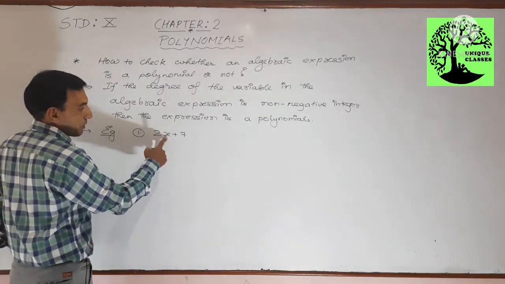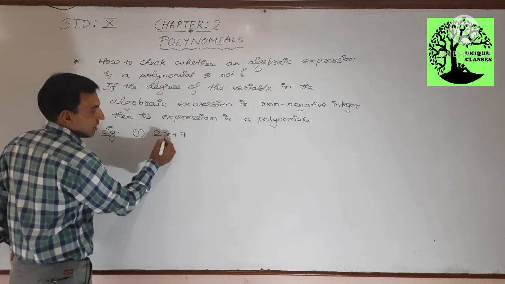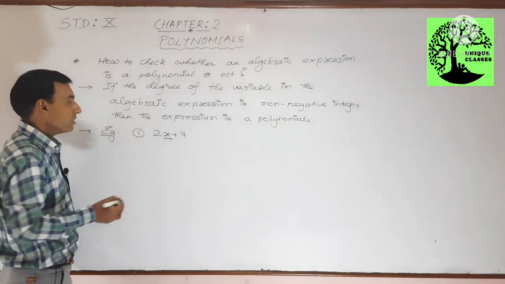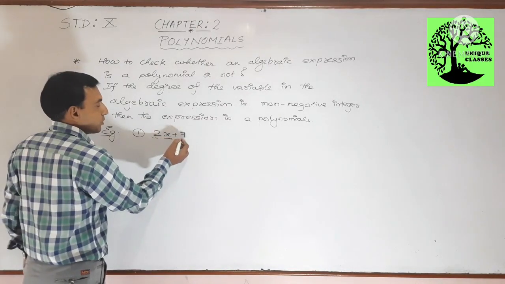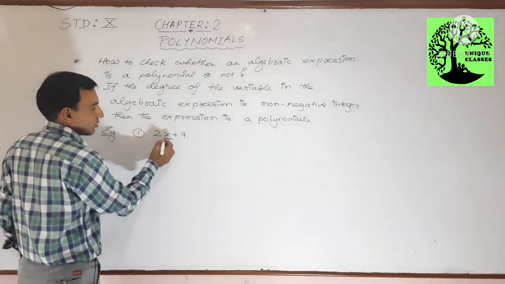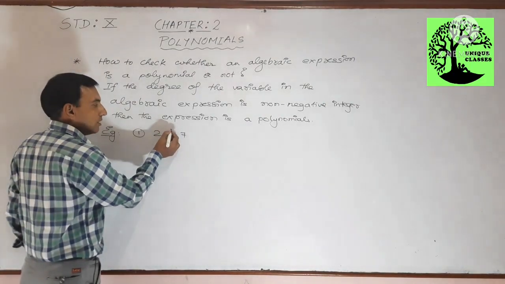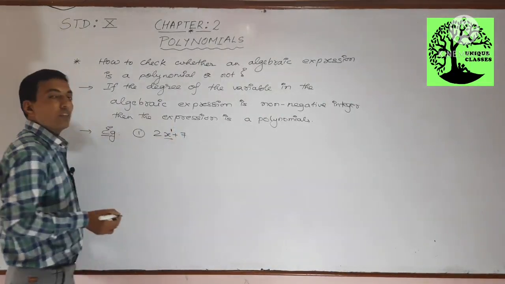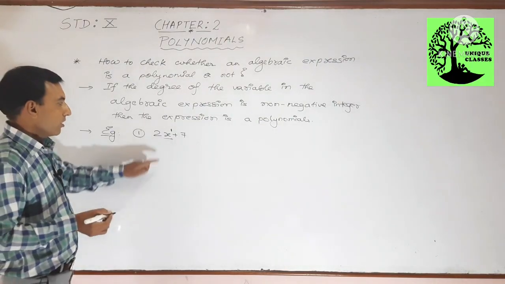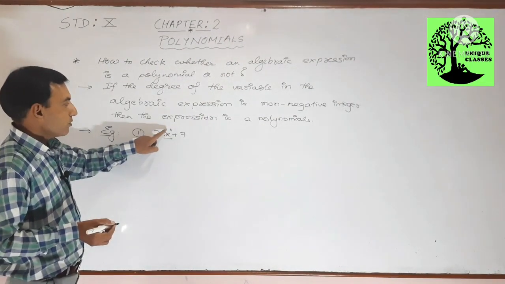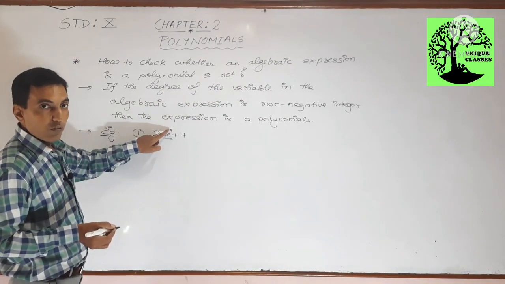In this given expression, x is the variable, and 2 and 7 are the constant terms. So, you have to look at the degree of the variable, that is the exponent of the variable x. Here in this expression the power or exponent of x is 1.